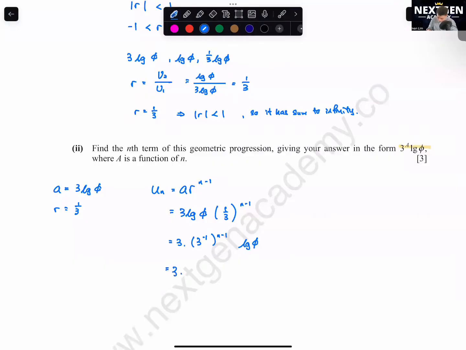Simplify this. This will be 3 to the power of negative n. Minus 1 times minus 1 will become plus 1. This is 3 to the power of 1 also. So here we can do 3 to the power of 1 plus 1 minus n log 5, which is 3 to the power of 2 minus n log 5. Just simplify it.